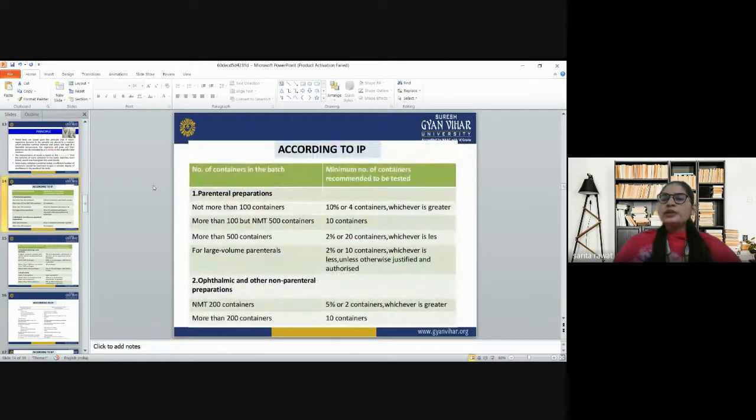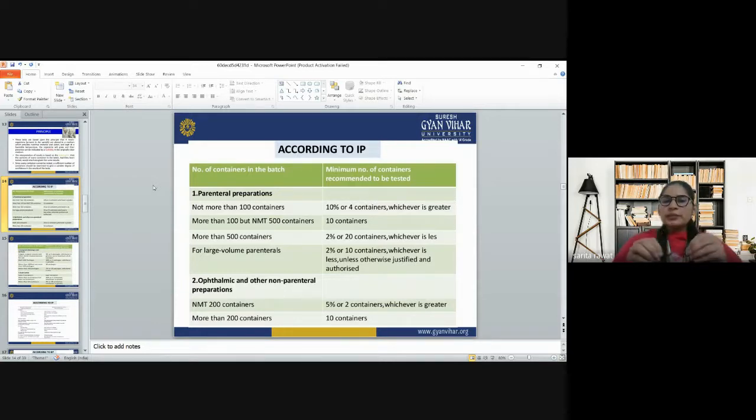Now, according to the IP, Indian Pharmacopoeia, the number of containers in the batch and the minimum number of containers recommended to be tested for any pharmaceutical articles are as follows. First we check the parenteral preparation.